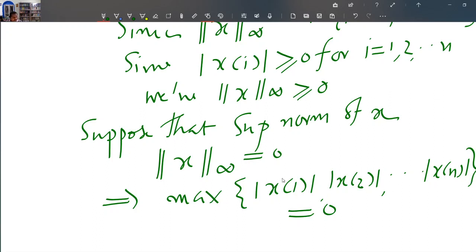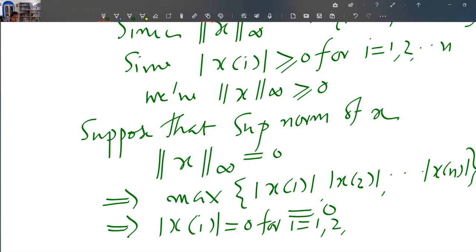So this will imply that each term, modulus of x of 1, modulus of x of 2, etc., modulus of x of n, is equal to 0. So modulus of x of i is equal to 0 for i equal to 1, 2, etc., n, and that will imply that x of i is equal to 0. So that will imply that x is equal to 0, because x is x of 1, x of 2, etc., x of n.